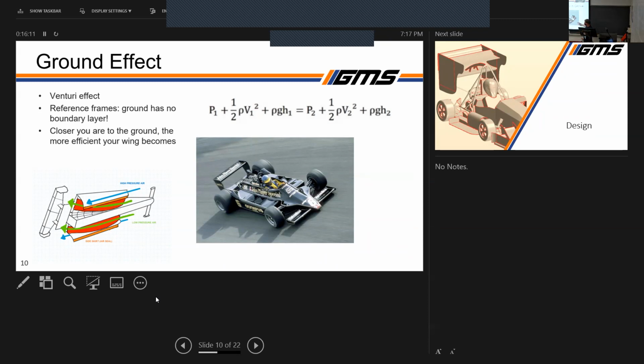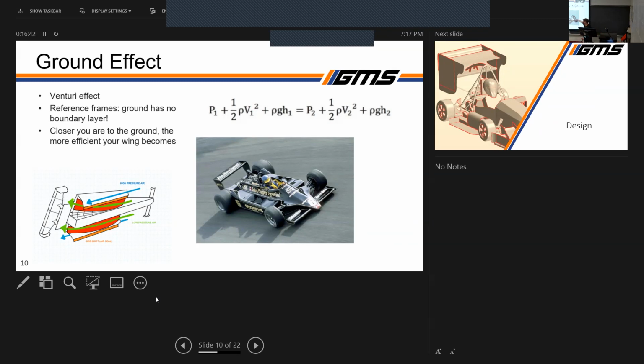So, for example, the front wing is very efficient because of this. We need less wing surface area to make the same amount of lift, because it's in ground effect, very close to the ground. This is all due to the Venturi effect. Essentially, if you have a big length of pipe with a massive diameter, and you shrink it, to get the same amount of mass or energy through it in the same amount of time, you need to accelerate your fluid.